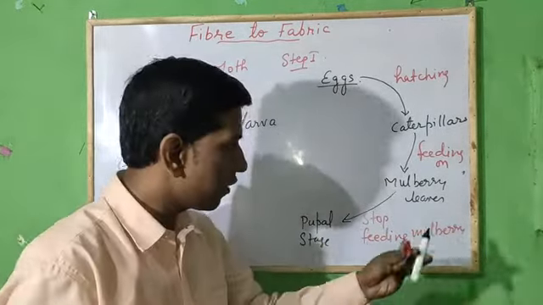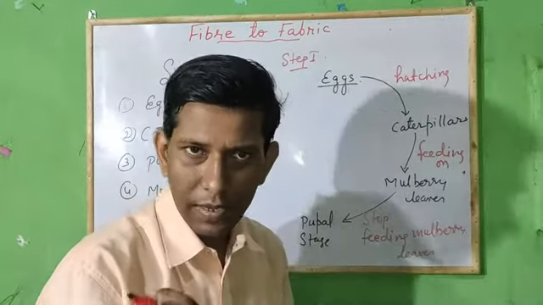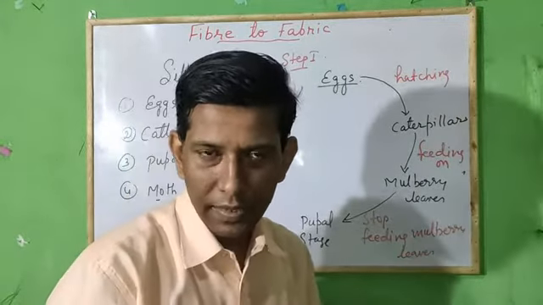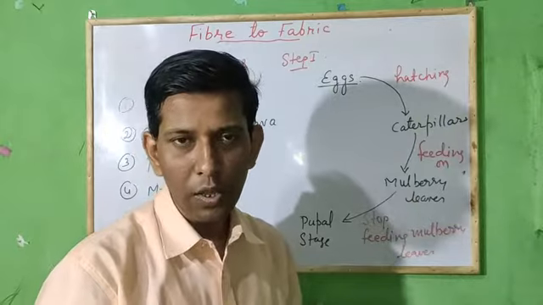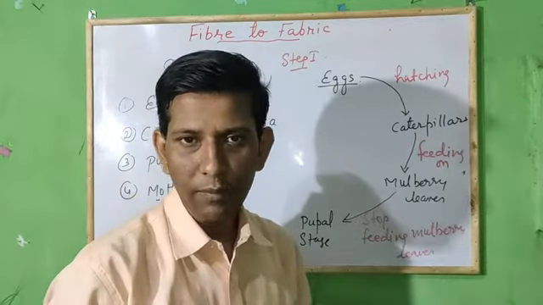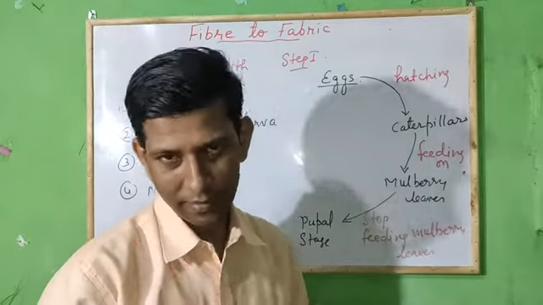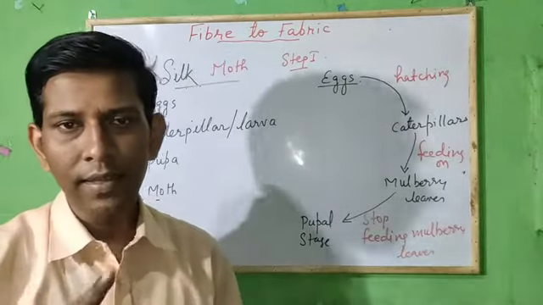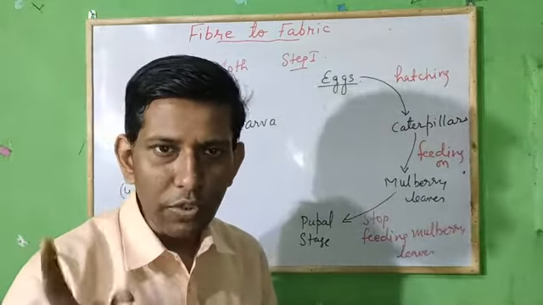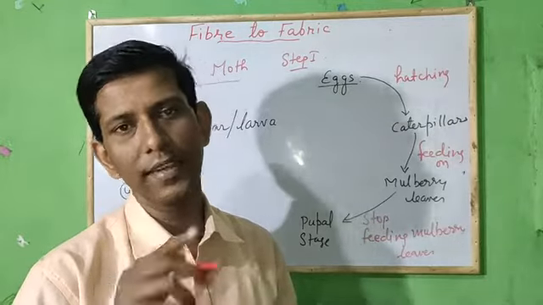During this stage, when they stop feeding on mulberry leaves, the fibroin that comes out from their mouth, when exposed to the atmosphere, hardens and turns into a long thread. Then this thread starts to enclose the body of the insect inside it. Clear?